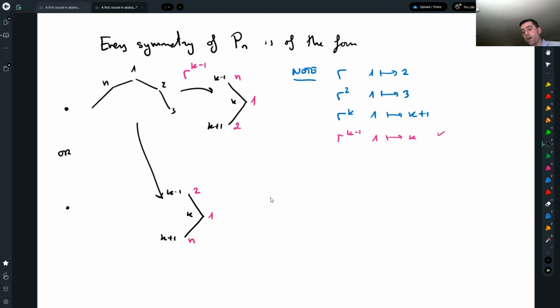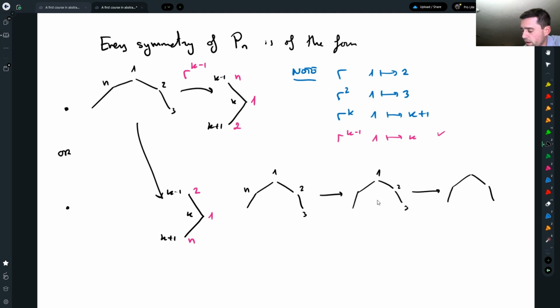So to do that, what I'm going to do is first a reflection and then a rotation, because see what happens if I do a composition of 2 of these maps. So here is 1, 2, 3, n, 1, 2, 3, n, 1, 2, 3, n.